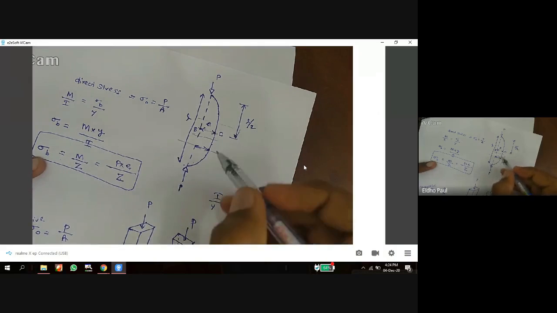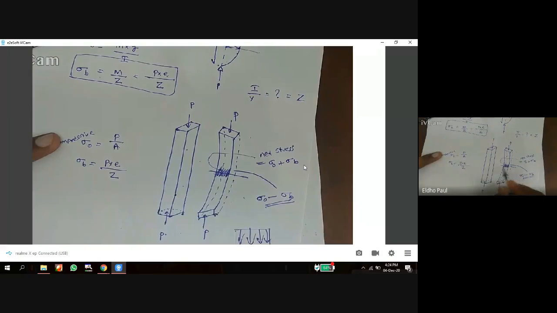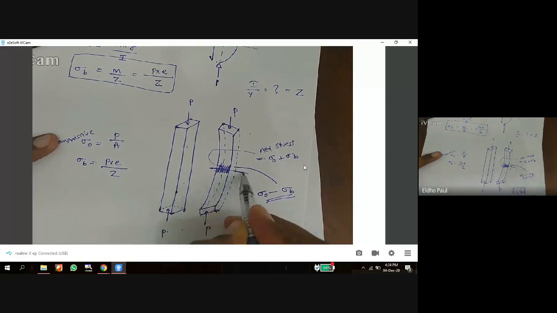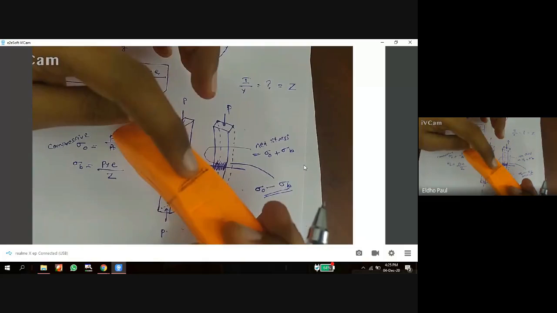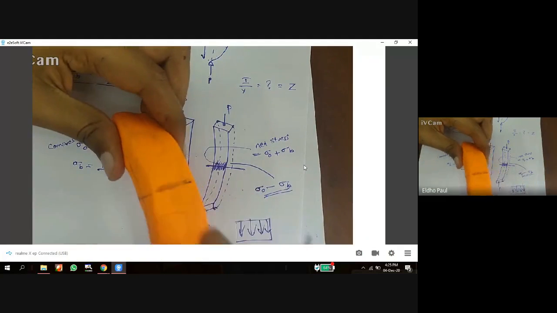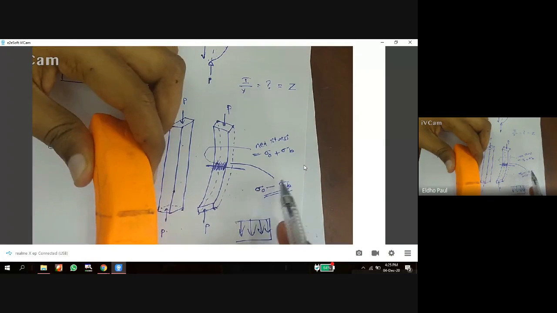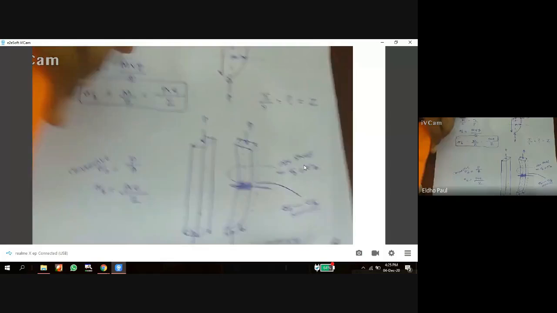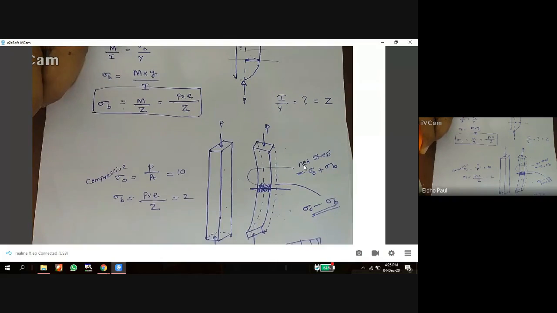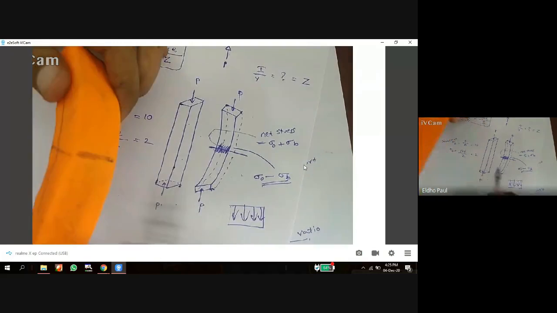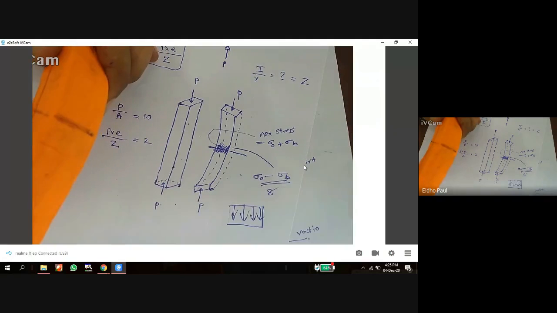Okay, in the center region I have two surfaces, the inner surface and the outer surface. In the outer surface, the net stress is equal to sigma 0 minus sigma B. For example, if sigma 0 is 10 and sigma B is 2, then in the outer surface it is only 10 minus 2, which is 8.